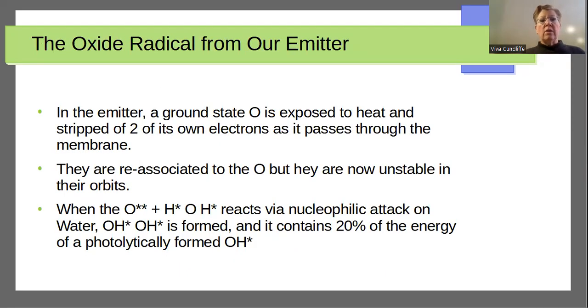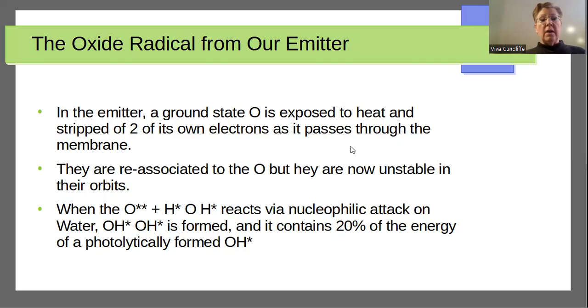The oxide radical from our emitter is inside the emitter. It is a ground state oxygen atom which is exposed to heat and catalysis. And as it moves across the ceramic membrane, it is stripped of 2 of its own electrons, and they are reassociated to the atom, but they are now unstable in their orbits.